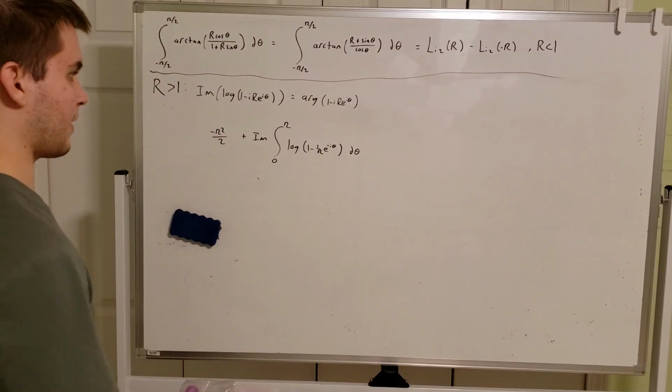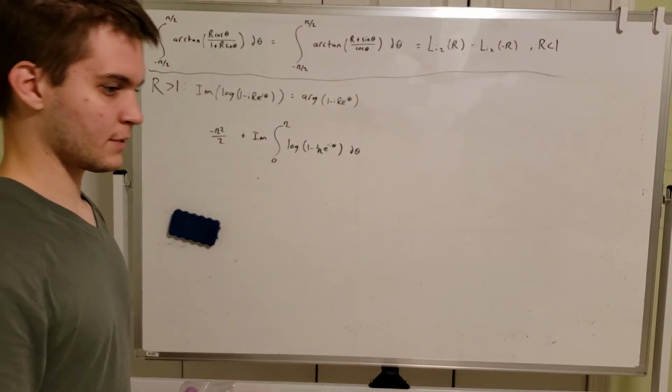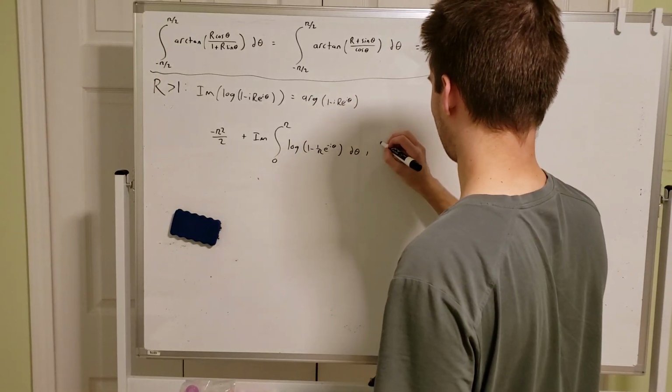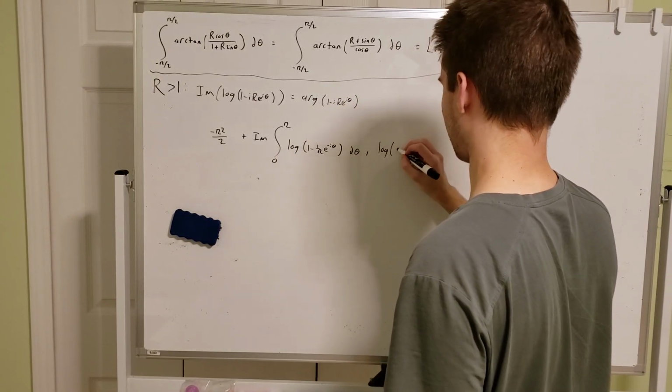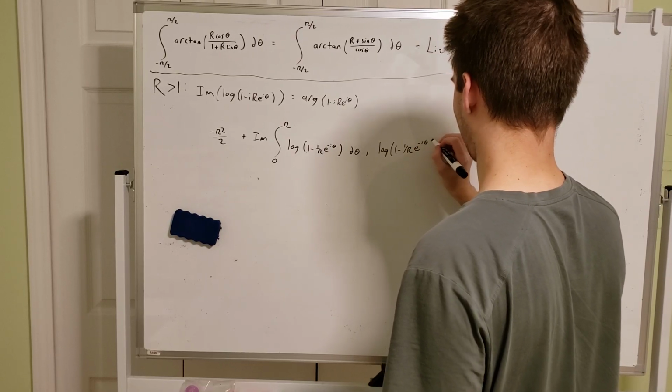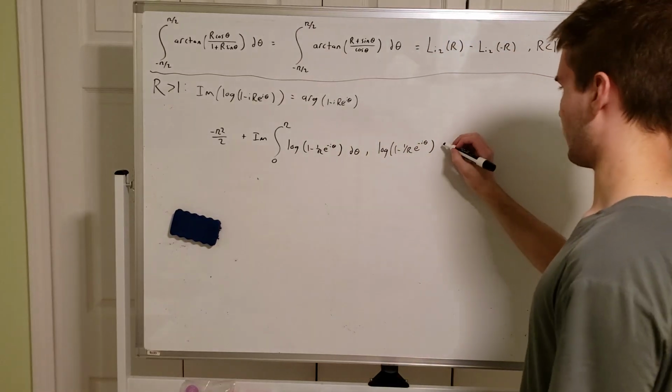Okay, nice. And then here we can just use our series expansion. So remember, I'll just write it explicitly here, since we know 1 over r is less than 1.